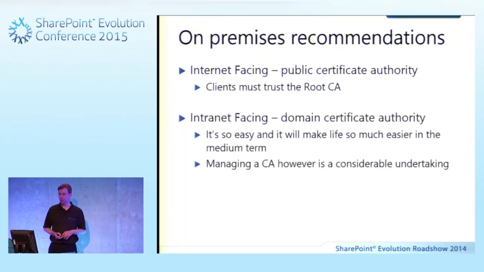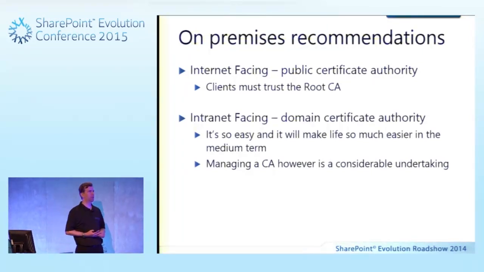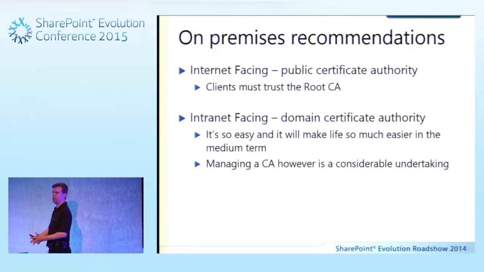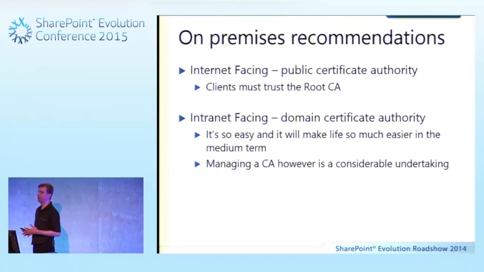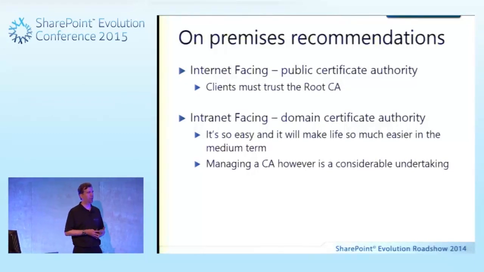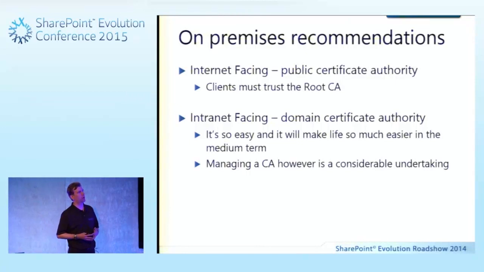So it's fairly straightforward. For the internal facing side, the best way to do it is to use a domain certificate authority. There's a lot of nervousness about this because that's more deployment, something that we have to build and manage, but it's very easy. It's so much easier to do this, and it gives you flexibility and independence from somebody else.